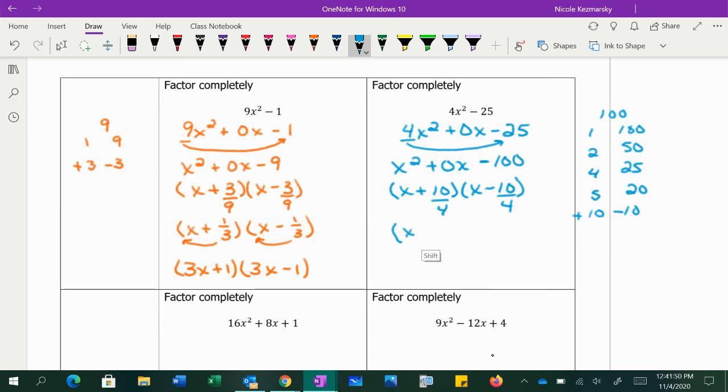So we can say x plus 5 over 2 and x minus 5 over 2, both divisible by 2. And then we can move those 2's over and get 2x plus 5 and 2x minus 5.